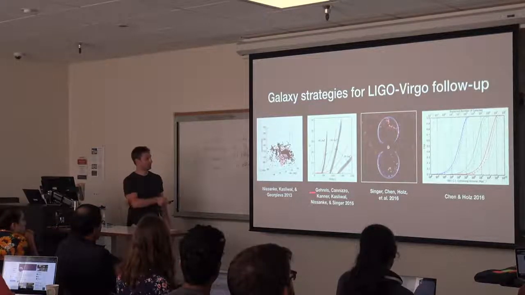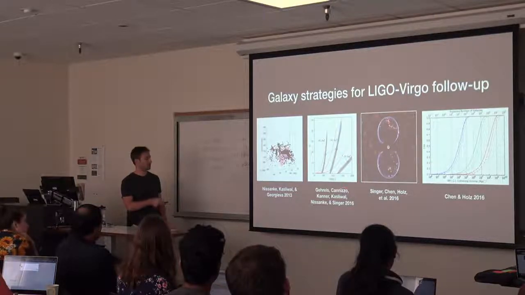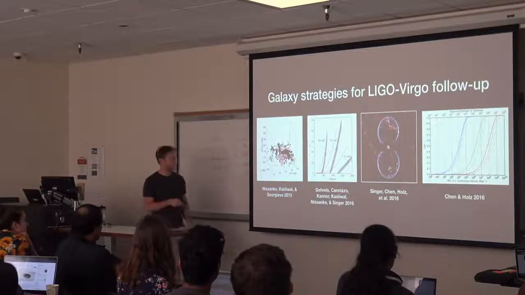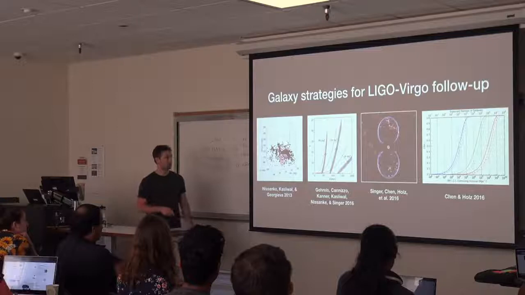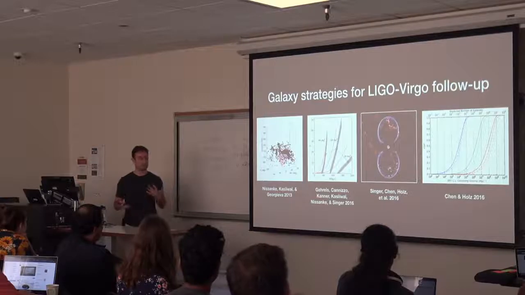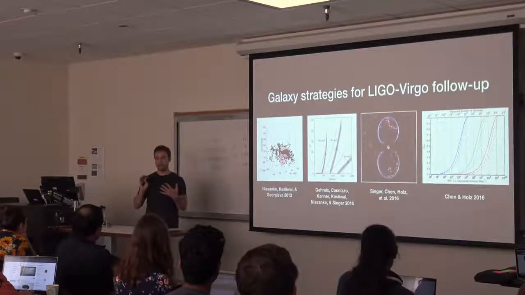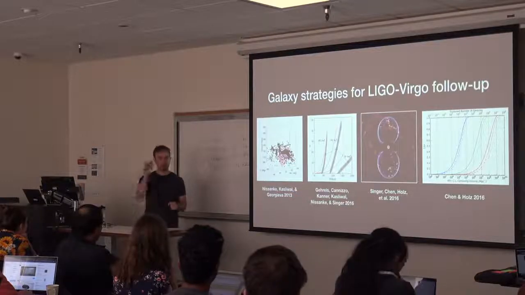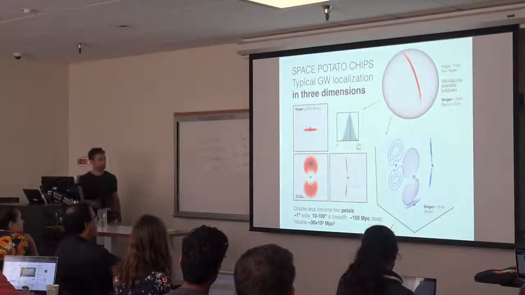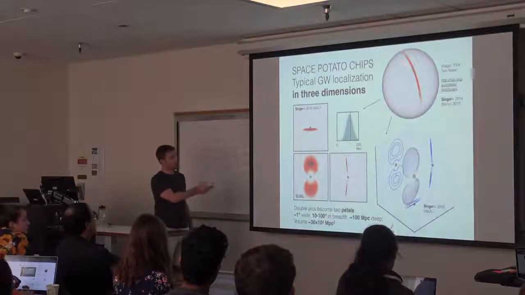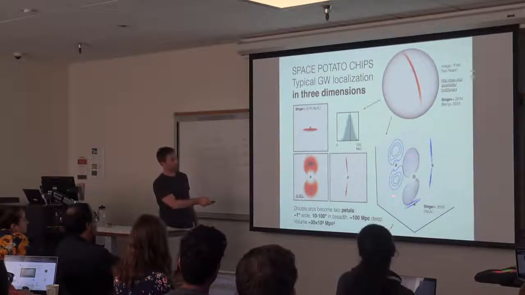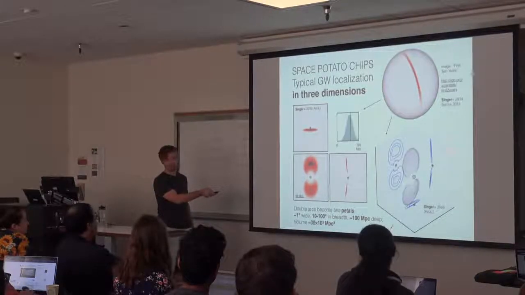There's a series of several papers going back to the early 2010s that have played around with this idea in increasing detail, up until 170817, which was discovered independently by wide field imaging and also targeted follow-up of individual galaxies. Those long arcs on the sky that we get from gravitational wave localizations, when you look at them in 3 dimensions, look like these sort of potato chips in space.